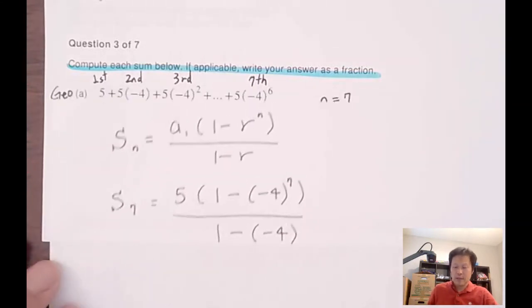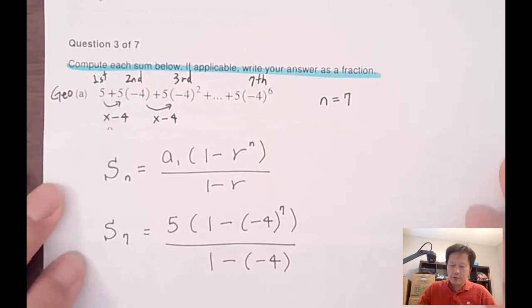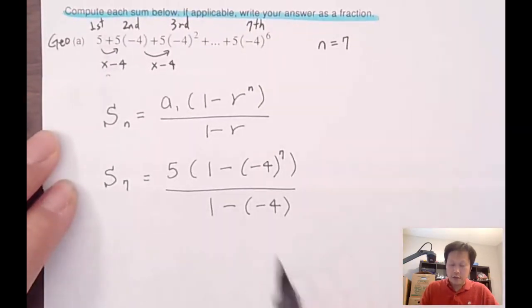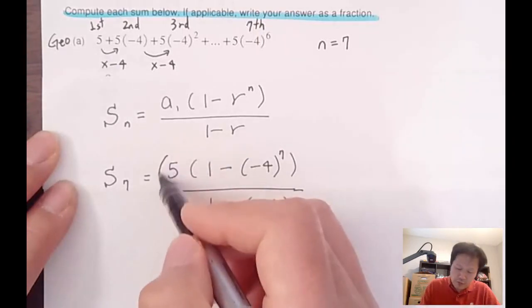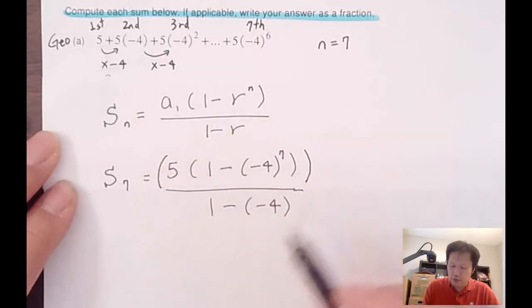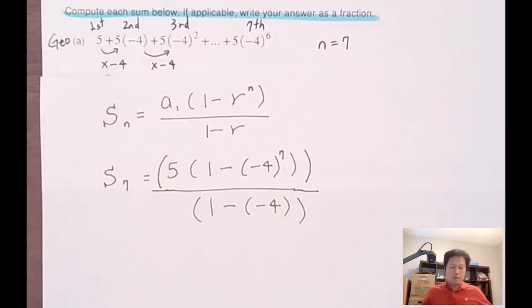When you type into the calculator, if your calculator does not have a fraction key, you will have to put a parenthesis around the entire numerator and another around the entire denominator. So make sure you know how to type that into the calculator.